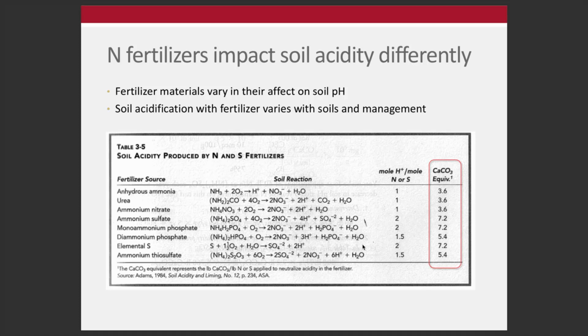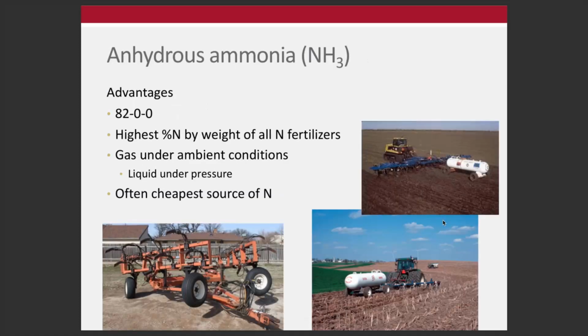We talked about things like ammonium sulfate, which might acidify the soil twice as much per mole of nitrogen as some of these others, say urea or anhydrous. So for every mole of nitrogen you buy, do you need to buy 1 mole of lime or 2 moles of lime equivalent? Okay, so let's get into some of these.